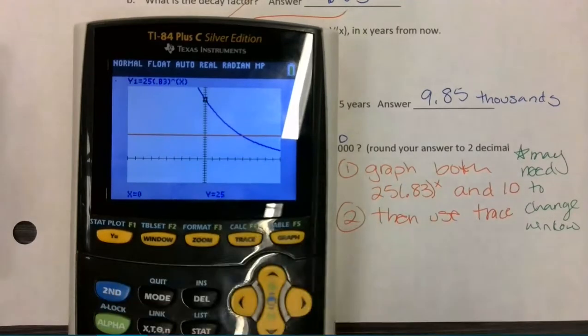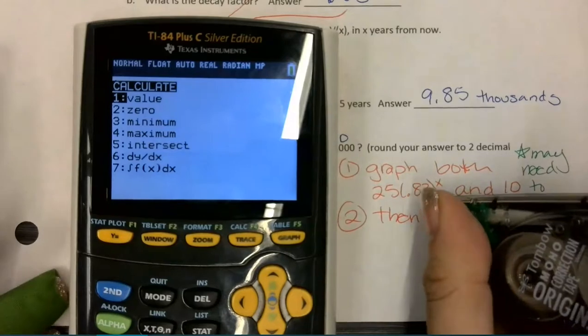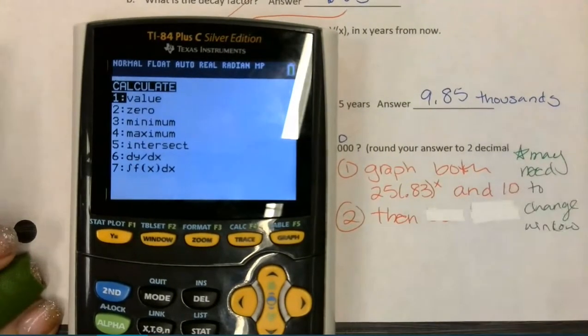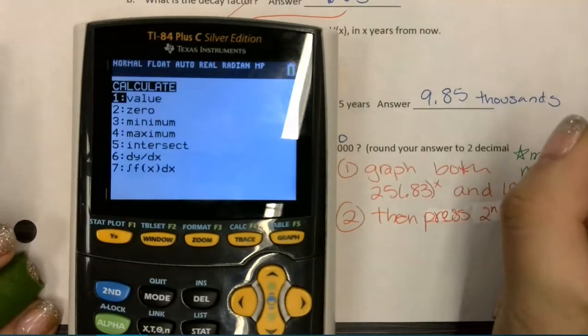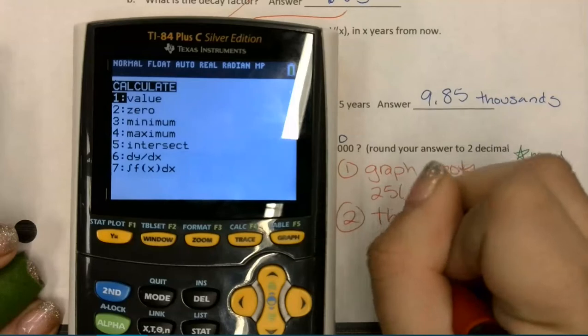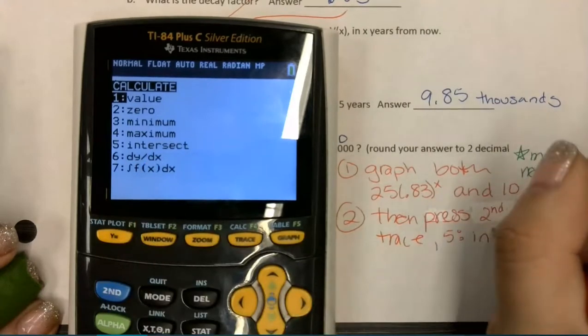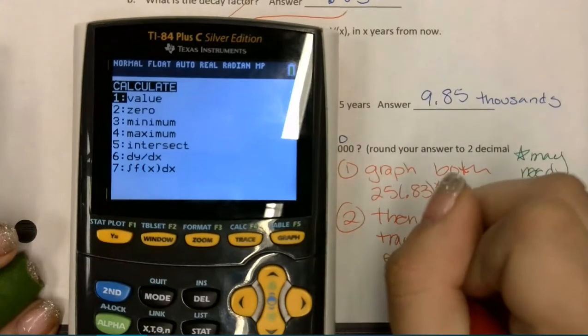I'm going to go to second trace. And I want to find where they cross, so I'm going to go 5 for intersect. Enter 3 times.